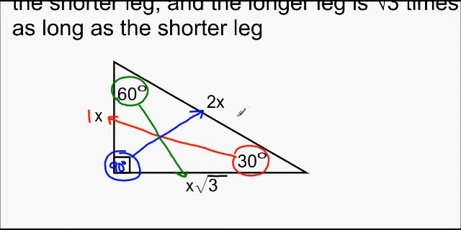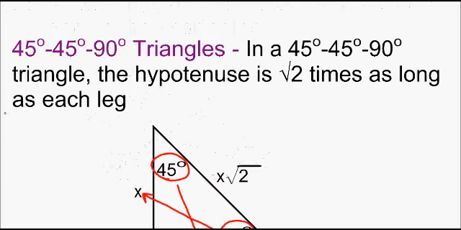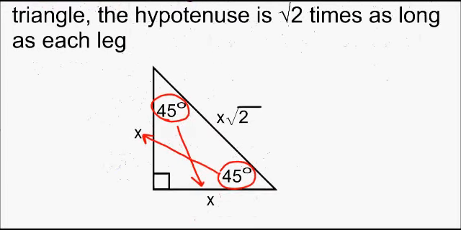The way that I remember these two, and it might help you, it might not, but this is just how I remember it. On the 45-45-90 triangle, I have two different angle sizes, either 45 or 90 degrees. So I have two different side lengths. I have to have a radical.